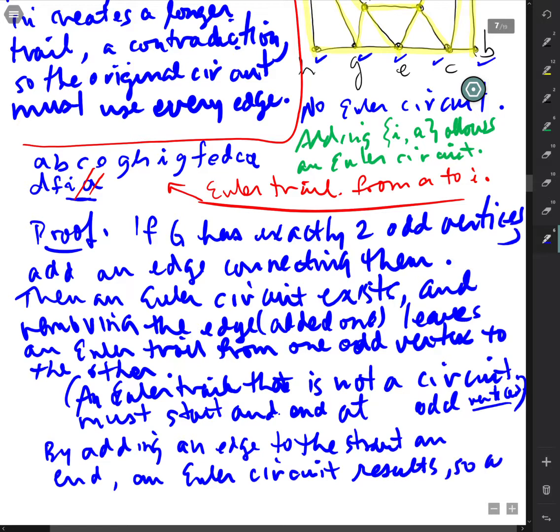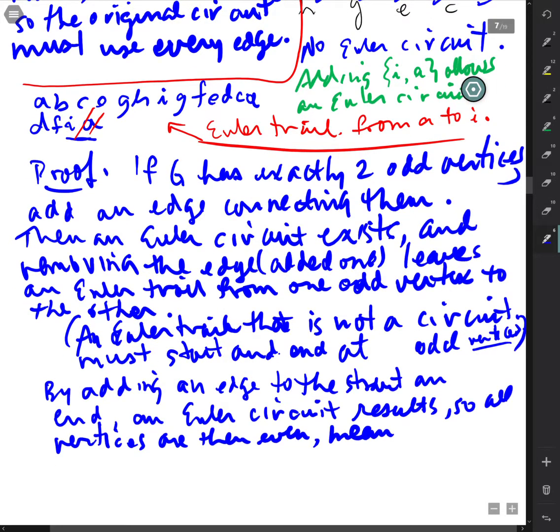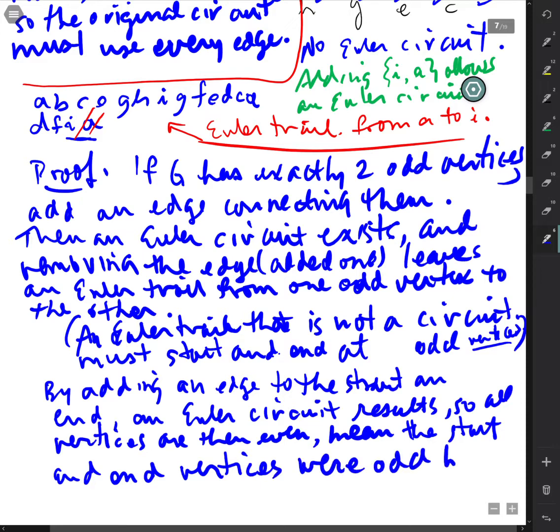So all vertices are then even, meaning the start and end, or initial and terminal vertices, were odd, but all others were even.